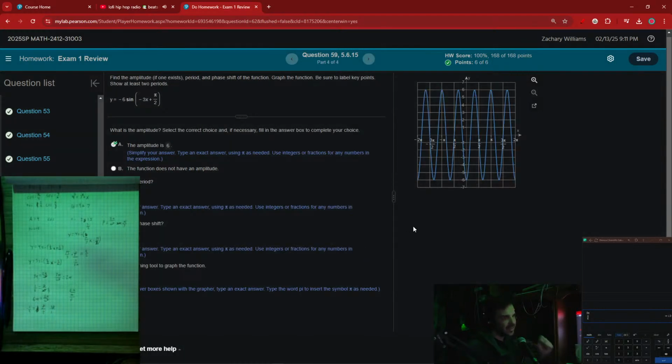Okay, so 59. This is the one that I think is just unintuitive. Maybe we covered it in class and I wasn't paying attention, or maybe we didn't cover it in class and it's just this small detail.